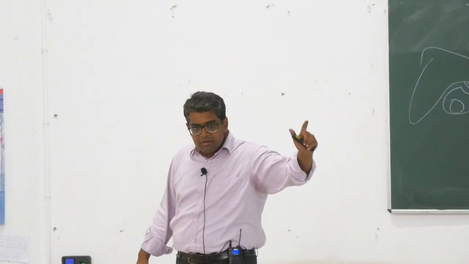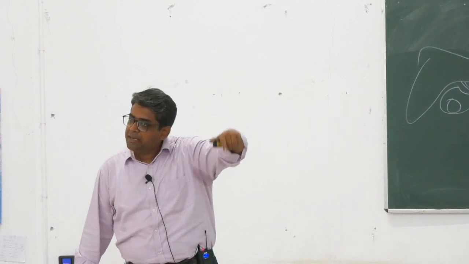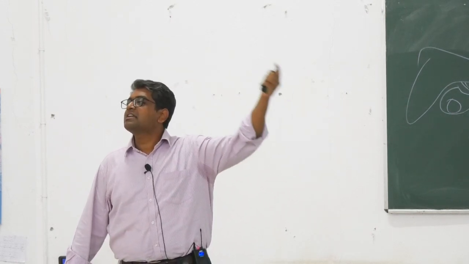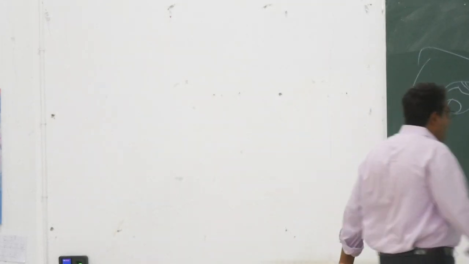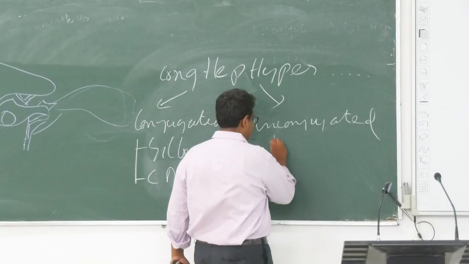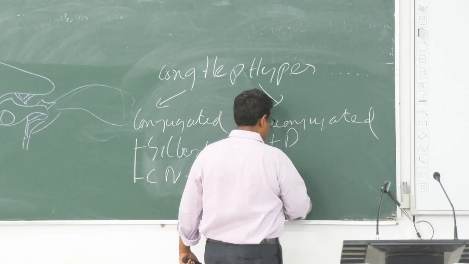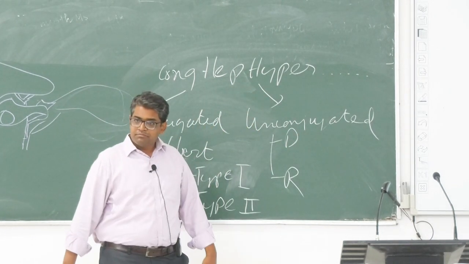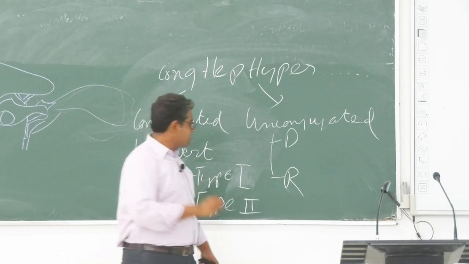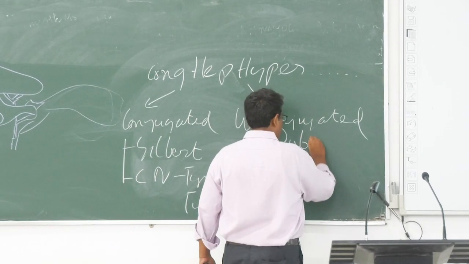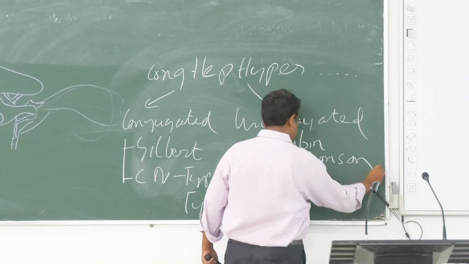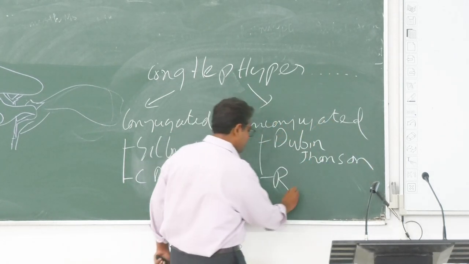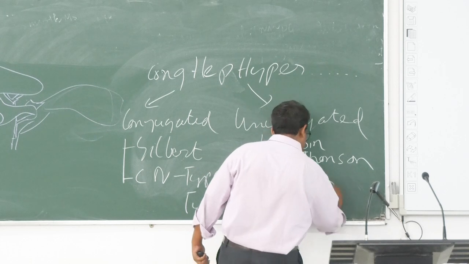And unconjugated is these. Dubin-Johnson syndrome. And there is Rotor syndrome.